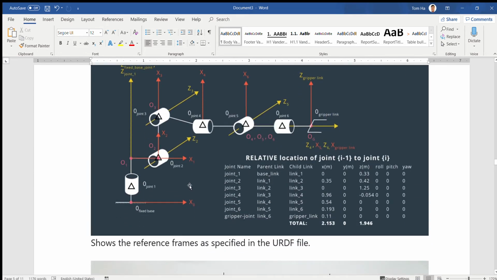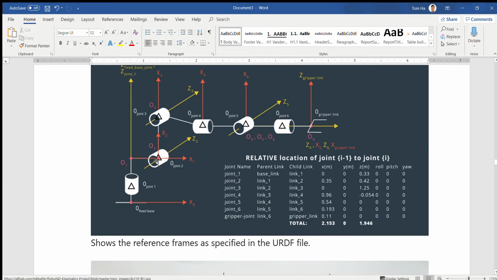Okay, and next you can see something like this. To summarize this picture, you can see that the fixed base means the base link right here is the table, the ground, or where you attach the arm. Okay, this is the fixed link, fixed base. And continue.